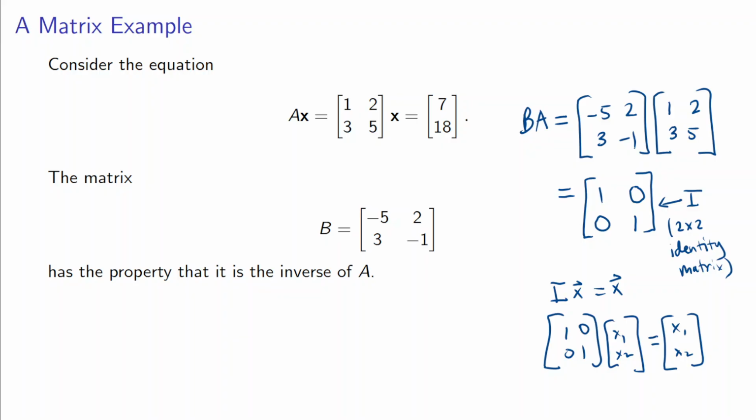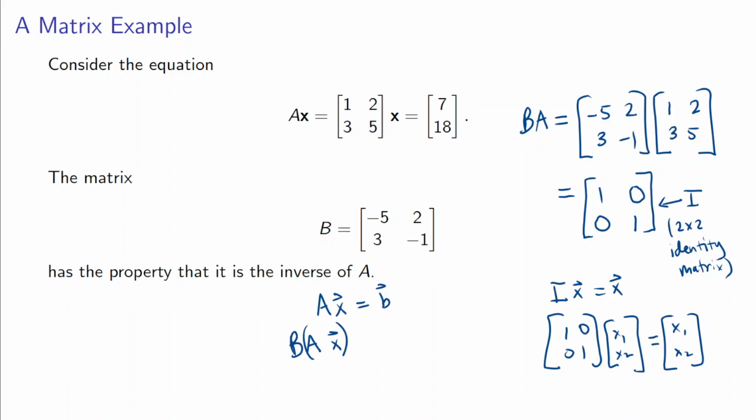And so if we're trying to solve the equation Ax equals little b, what we've just discovered is that this matrix big B has the property where when we multiply it by A, we get the identity. Let's see what happens when we multiply both sides of this equation by big B on the left.